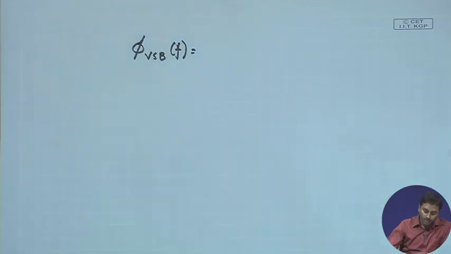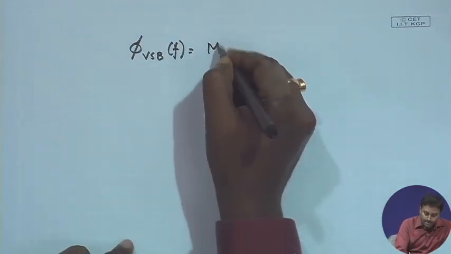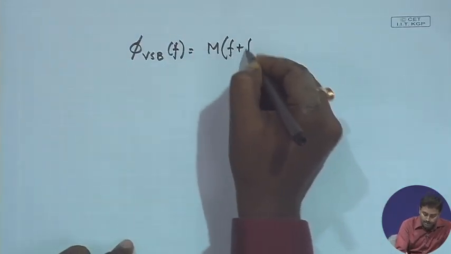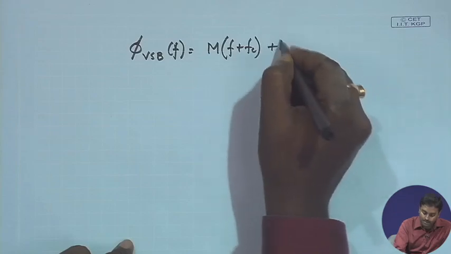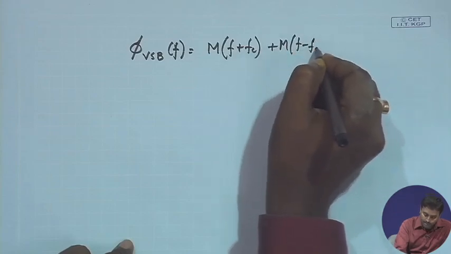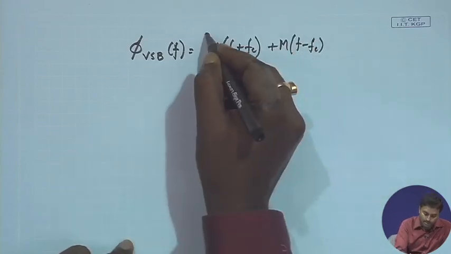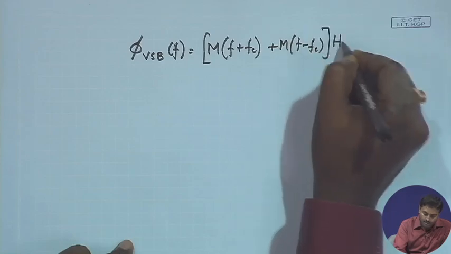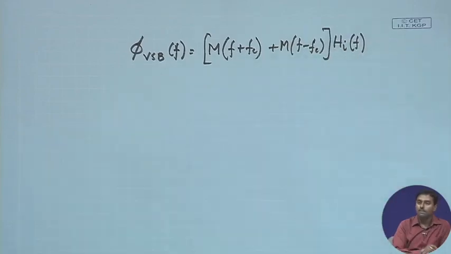So the modulated signal has MF plus FC and MF minus FC; this is just the spectrum of VSB-SC, followed by a filter transfer function. The filter has high pass or band pass characteristics.